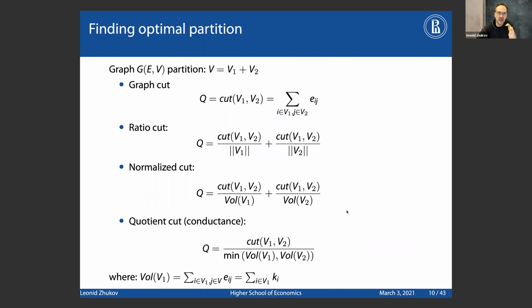If you remember, we talked about the graph cut, which is just the number of edges that you need to cut. We talked about ratio cut, normalized cut, conductance, and the algorithms that we discussed in depth, the Laplacian and normalized Laplacian. We optimized this normalized cut by finding optimal partitioning, and that allowed us to find clusters. That's one way you can do it.